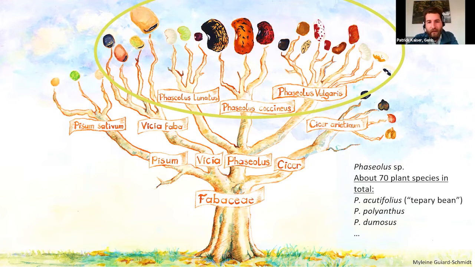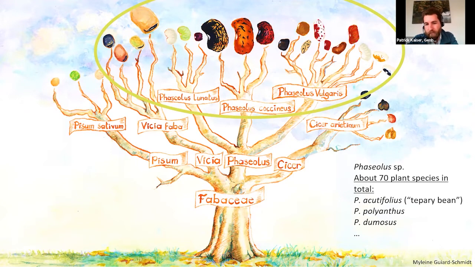In total, if we look at the phaseolus group, here the major families are shown. That is the Lima bean, the lunatus, and we have the garden beans, the vulgaris, and also the Phaseolus coccineus as the scarlet runner beans. But in total, there are more than 70 plant species in the phaseolus group.